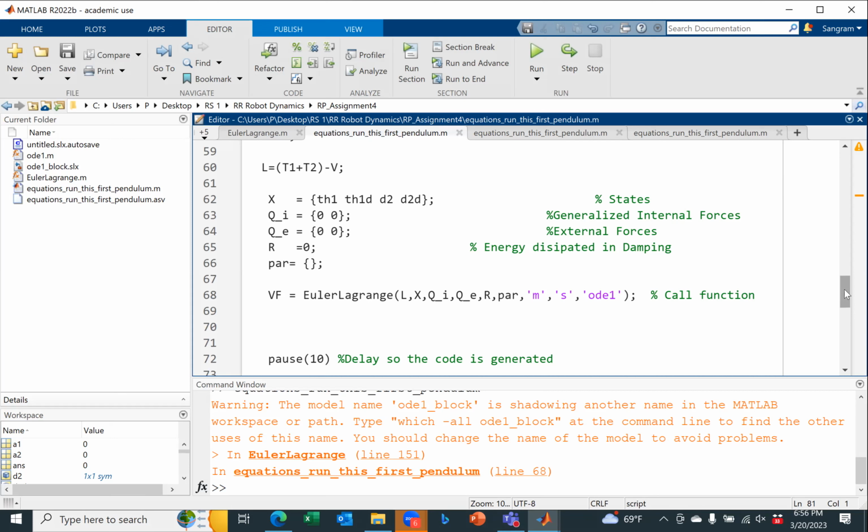D2 dot sine theta 1 plus D2 cosine theta 1 dot plus L1 cosine theta 1 dot. So this is Vx, this is Vy. So I have Vx and I have Vy.